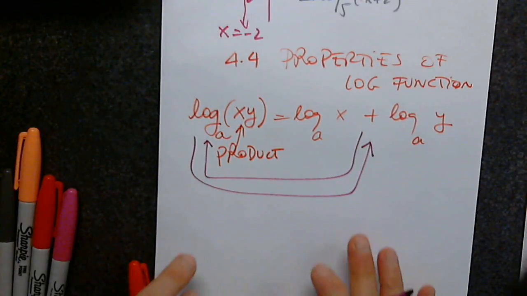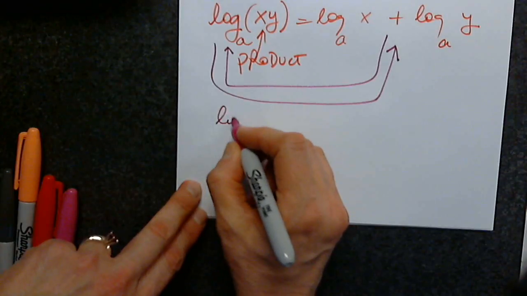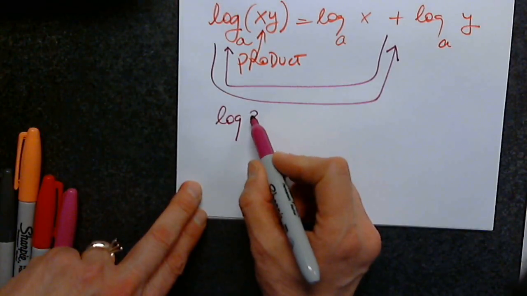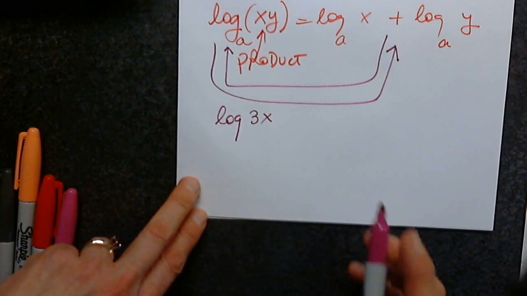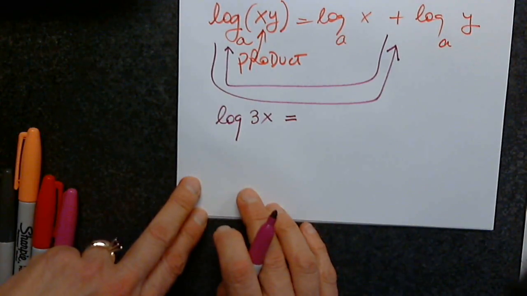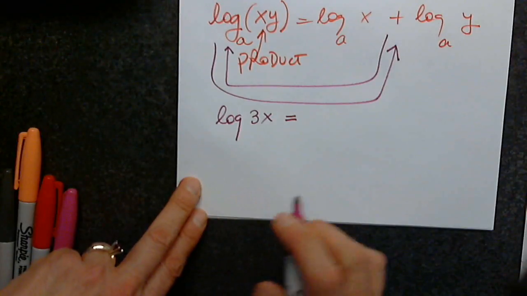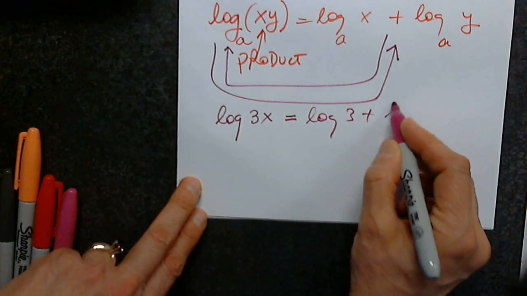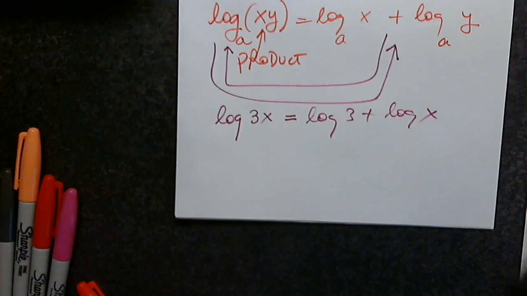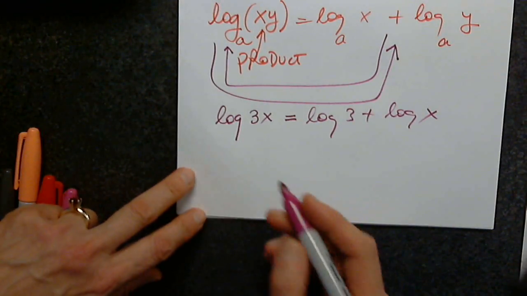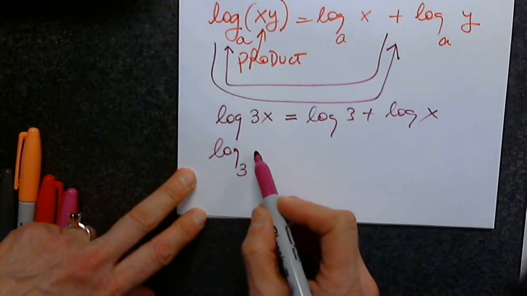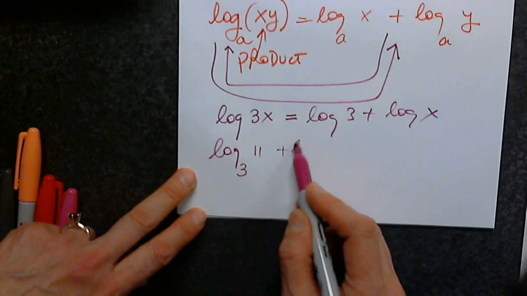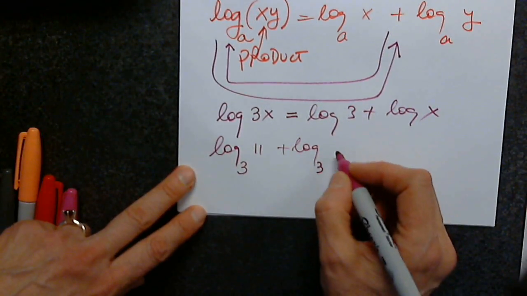So here's an example. Let's say log of 3x. Let's say it's base 10, common log. So this is the same with, what would you say? So this is the product rule. Now what if I say to you, or write log base 3 of 11 plus log base 3 of 3.